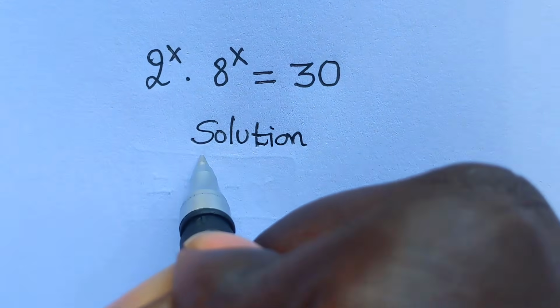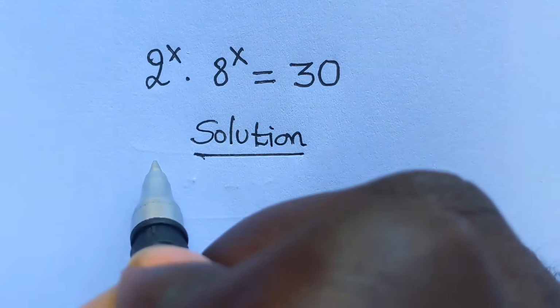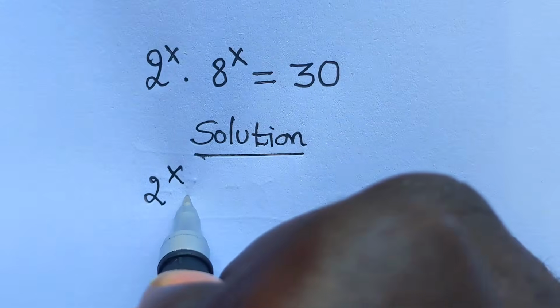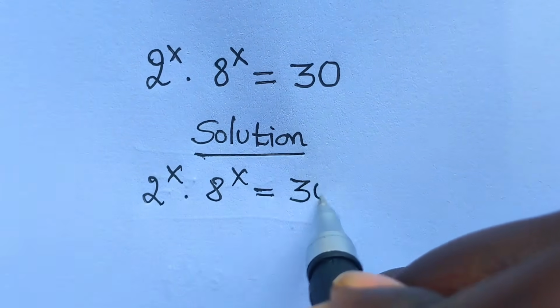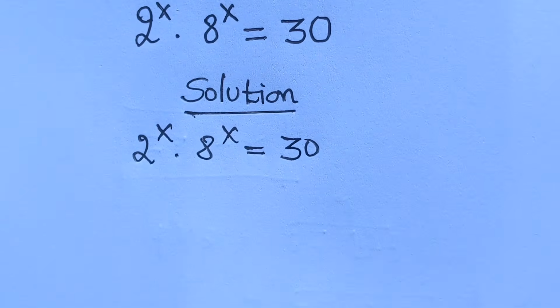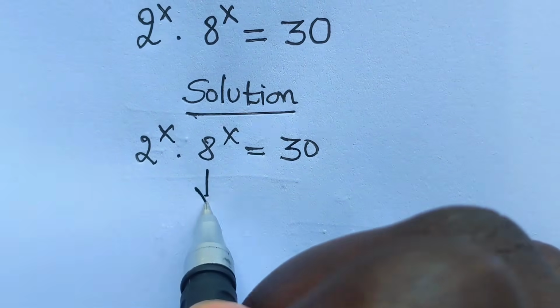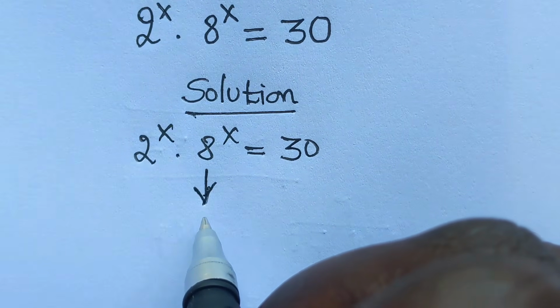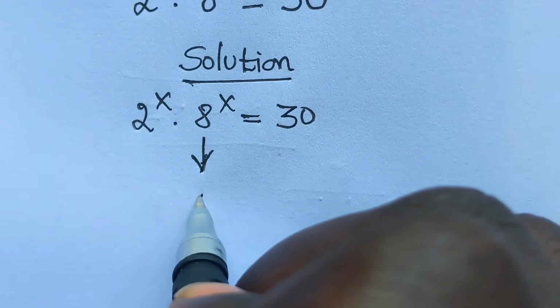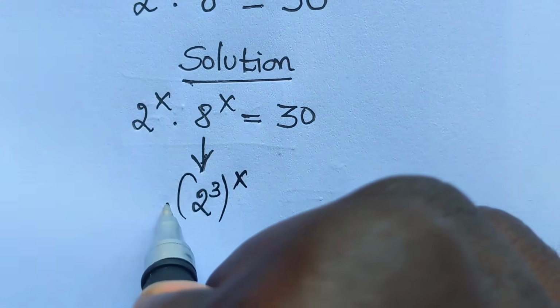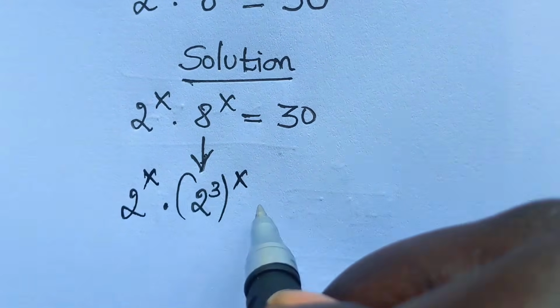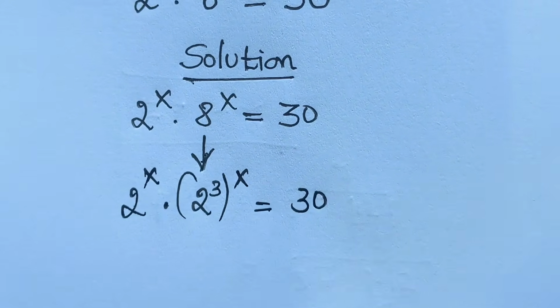Here, very quickly, by copying what we have: 2 power x times 8 power x equals 30. Of course, 8 can be changed into base 2 to get 2 power 3, then power x, and times 2 power x equals 30.